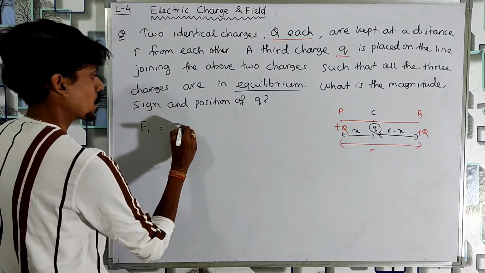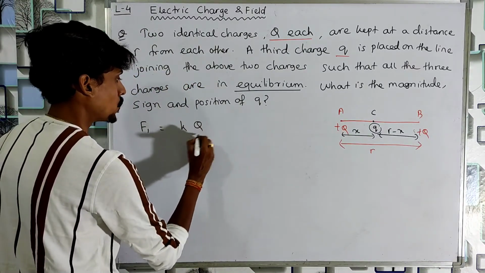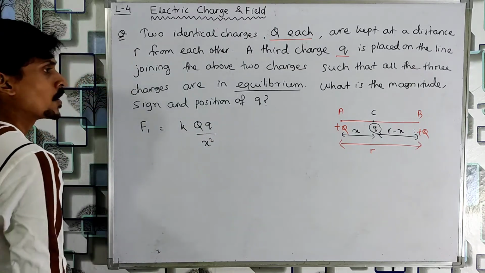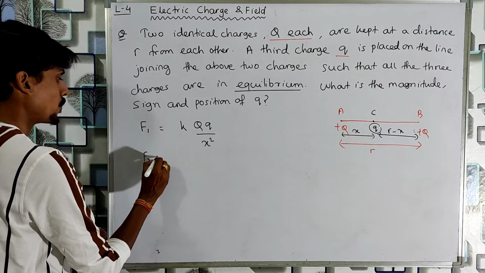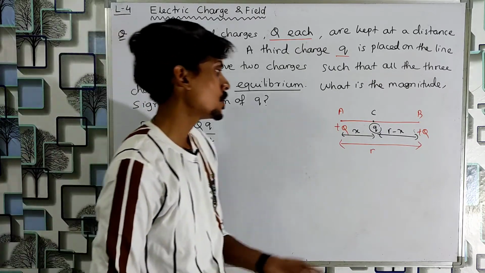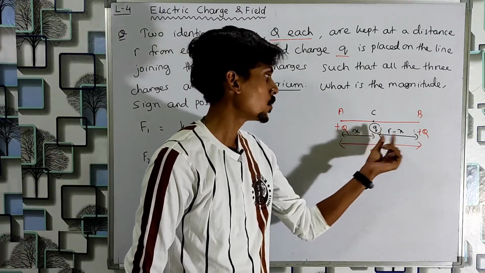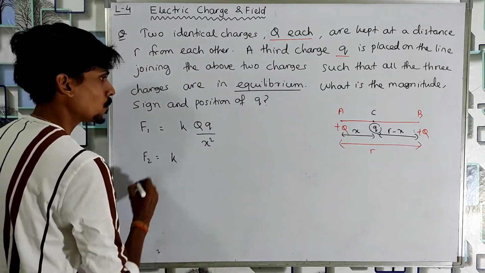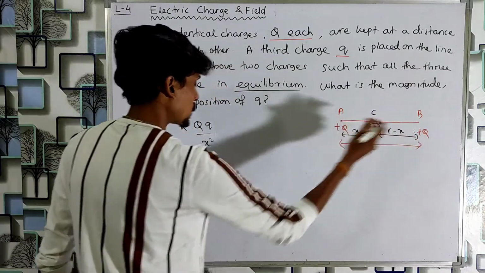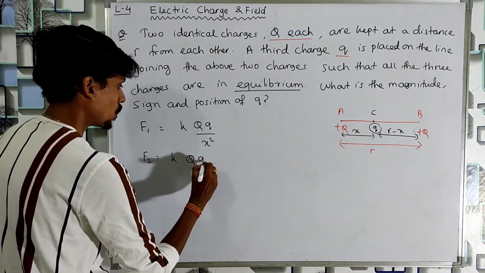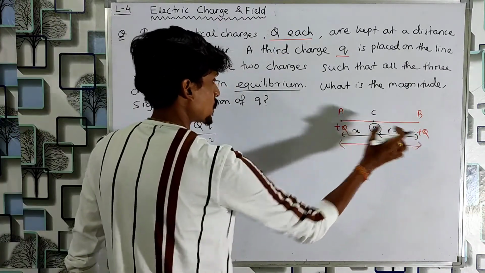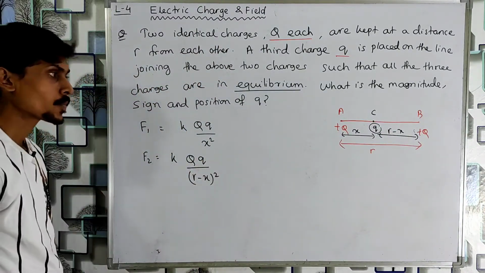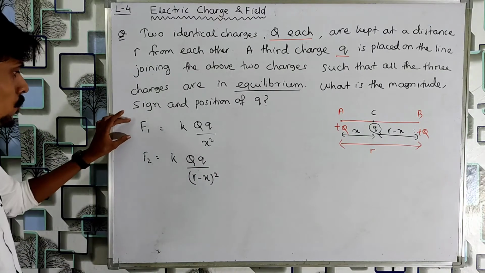It will be k capital Q into small q divided by x square. And F2 is the force exerted on small q due to the right charge. F2 will be k into q1 q2 by distance square, so capital Q into small q by the distance, which is r minus x, so r minus x whole square.